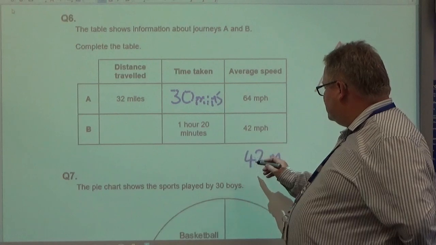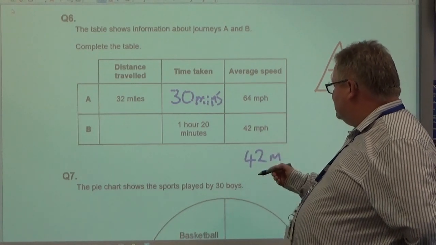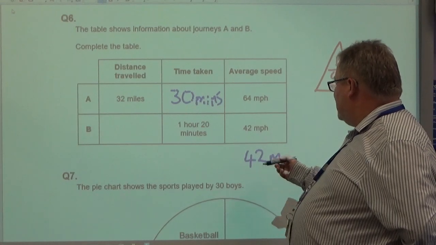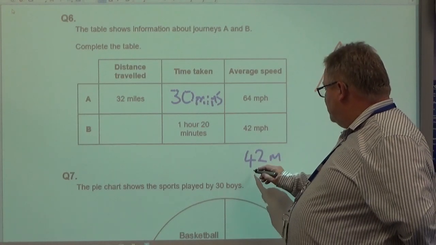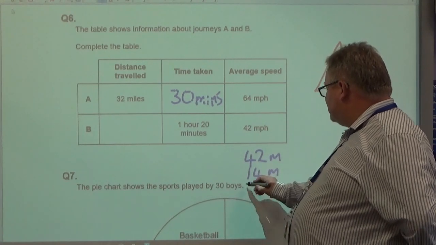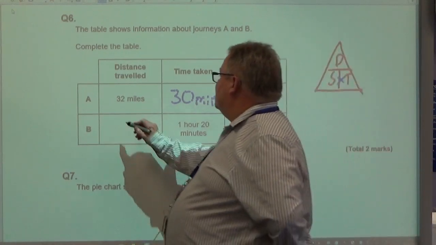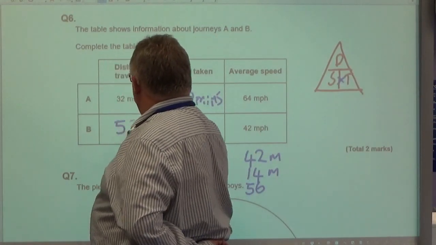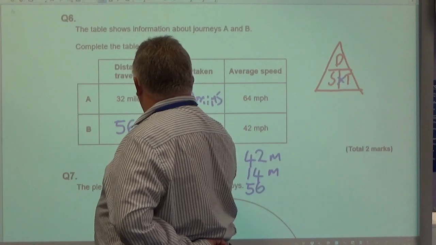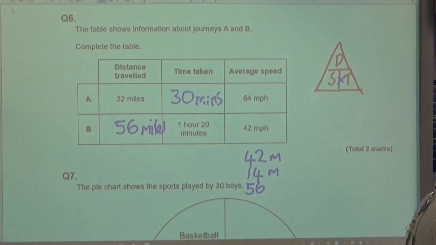So it's going to give us 42 divided by 3, if you're doing this on your calculator. So that's going to give us 14. So it's basically adding the 14 onto that, and that's going to give us 56. So he, or she, is going to travel 56 miles in an hour and 20 minutes, or an hour and a third.